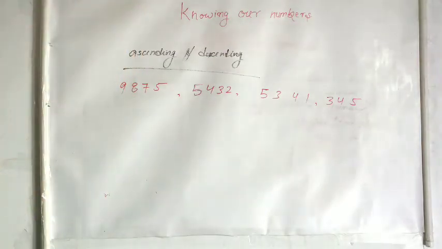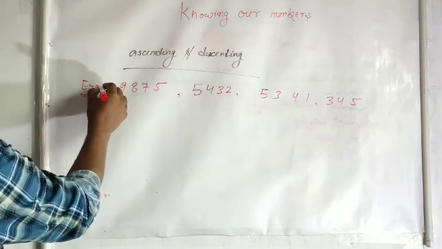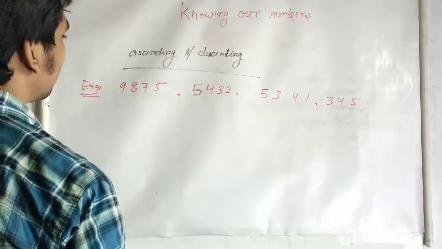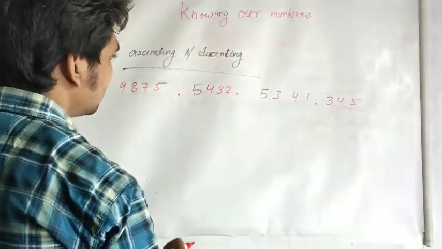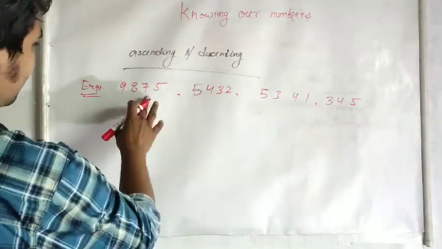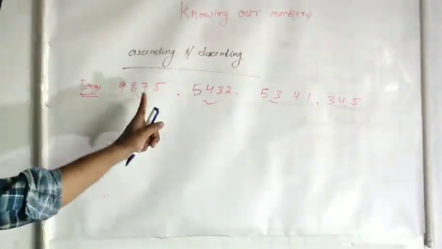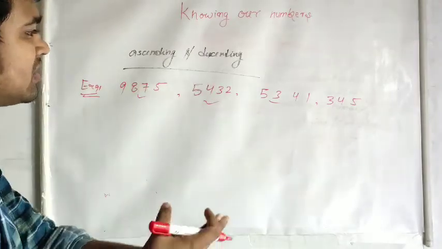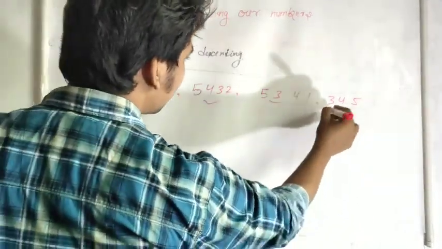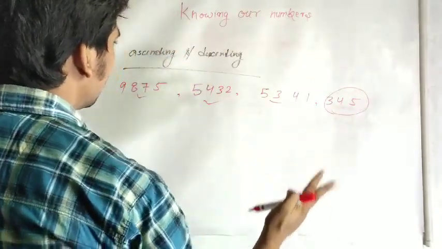Friends, here is an example in which 4 numbers are given. Looking at these 4 numbers, what do we see? We see that 3 numbers have the same number of digits, that is, these 3 numbers have 4 digits equally, but the 4th number contains 3 digits.